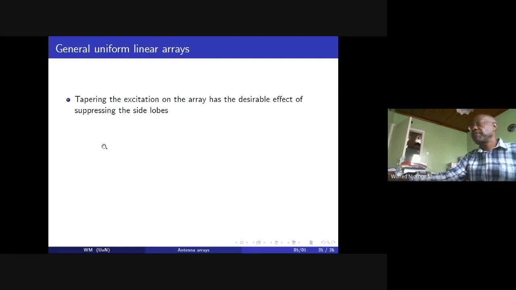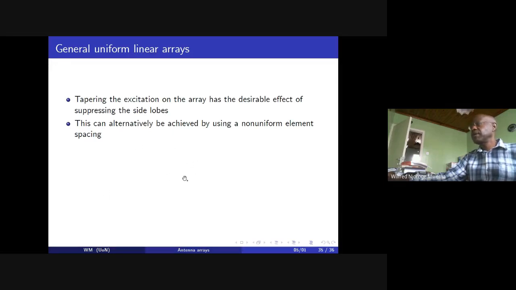That is where we are feeding the center elements with higher currents than the end elements. This can alternatively be achieved when we use a non-uniform element spacing. Just like when you are designing filters in third year, where you left some of the poles on the unit circle in the S-plane, you left some of the poles, and therefore you are able to get a different kind of transfer function for the filter.